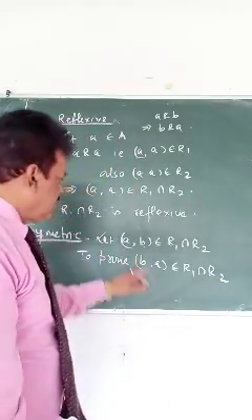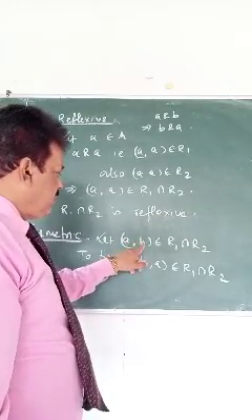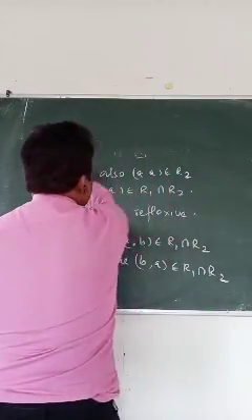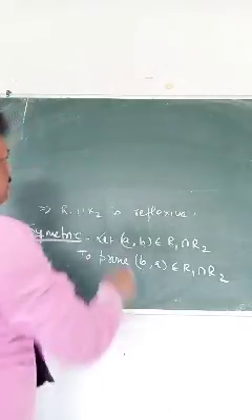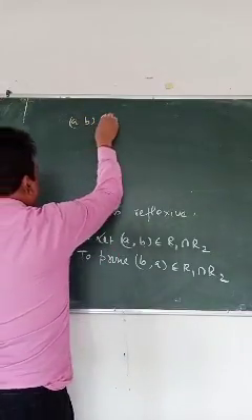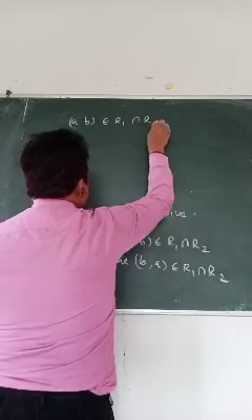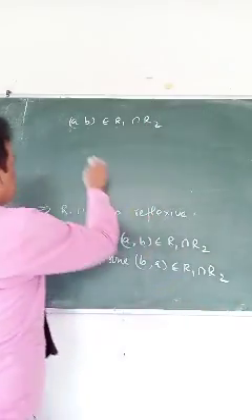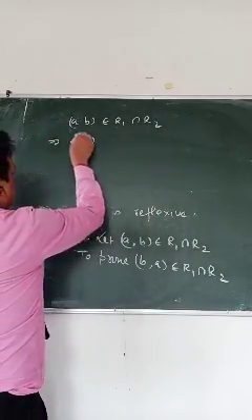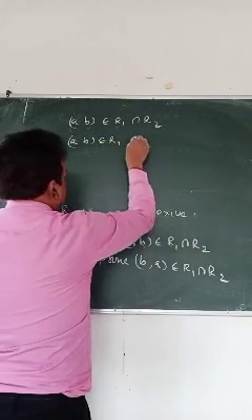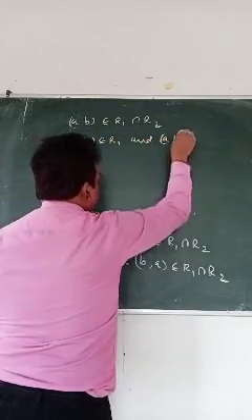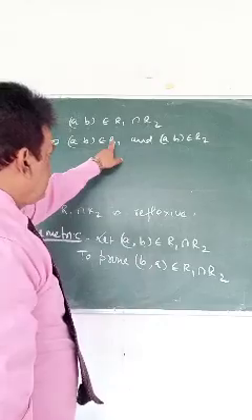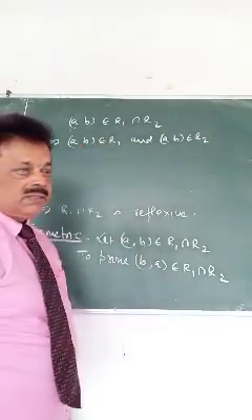Let's start from here. What is the meaning of (a, b) belongs to R1 intersection R2? That means this pair is present in both, so (a, b) belongs to R1 and (a, b) belongs to R2.